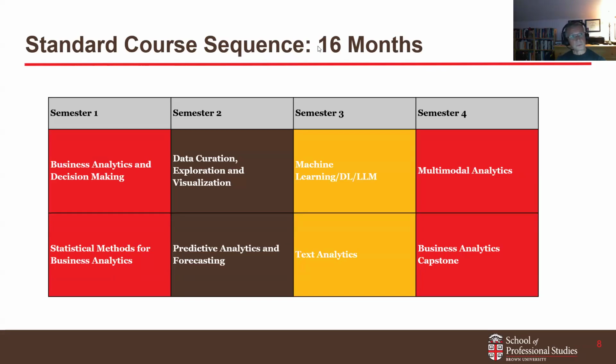So you would be able to complete the program in 16 consecutive months. Of course, you may also opt to take 1 class a semester and go through the program as a part-time student. So this is not set in stone. We're just presenting it this way so that it's easier for you to see.